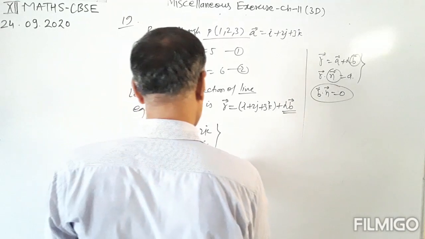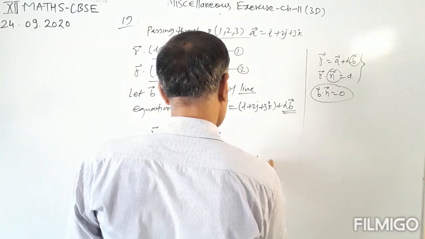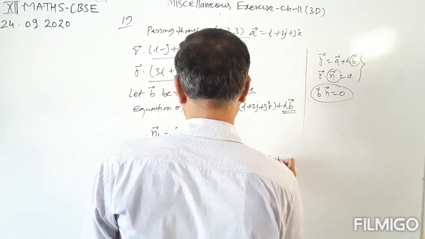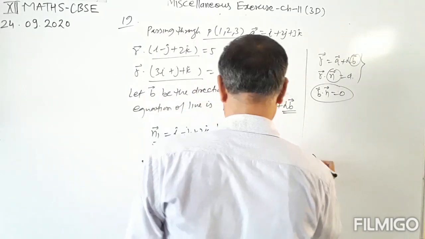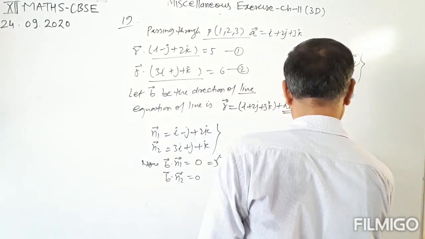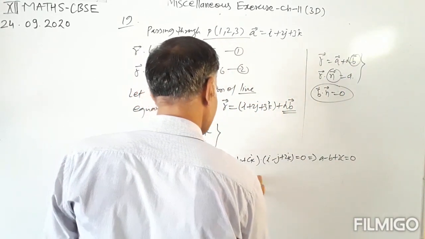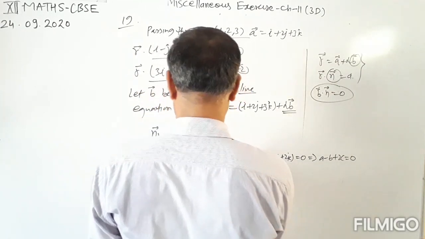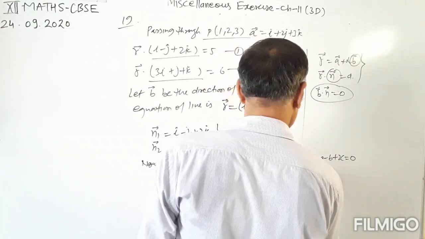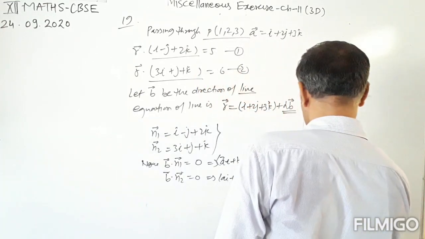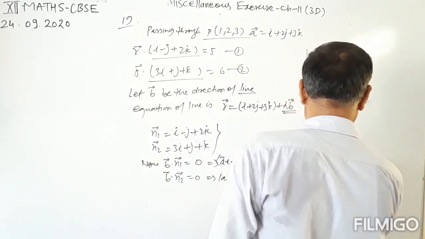So (a i cap plus b j cap plus c k cap) dot (i cap minus j cap plus 2k cap) equals 0 implies a minus b plus 2c equals 0, and (a i cap plus b j cap plus c k cap) dot (3i cap plus j cap plus k cap) equals 0 implies 3a plus b plus c equals 0.